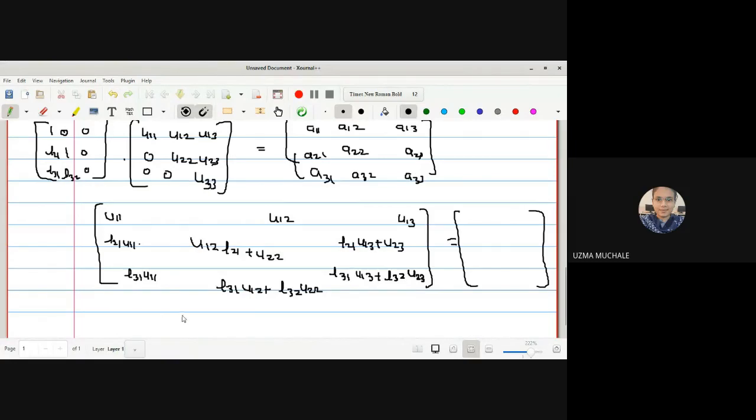You should also check the multiplication of these matrices, which is equal to the matrix with entries A11, A12, A13, A21, A22, A23, A31, A32, A33.